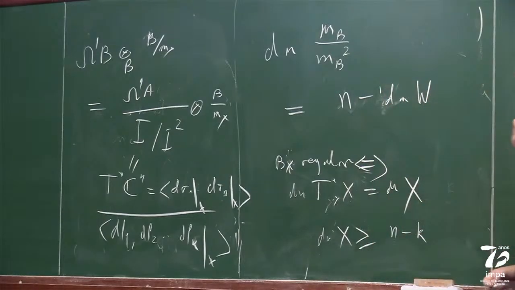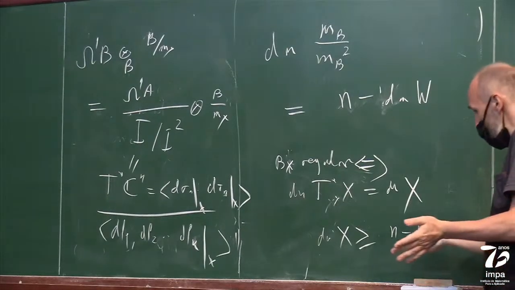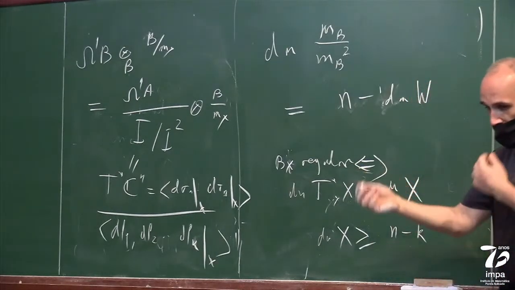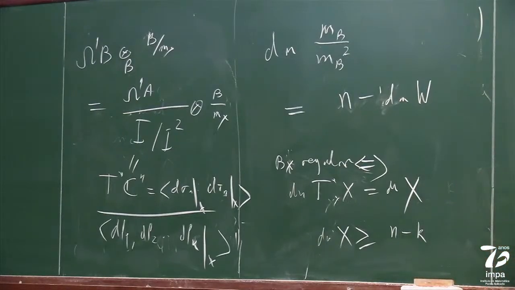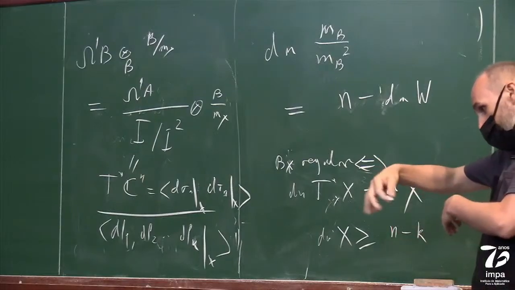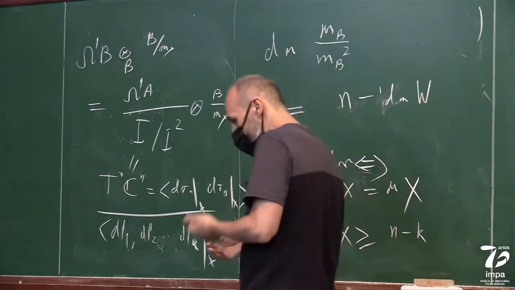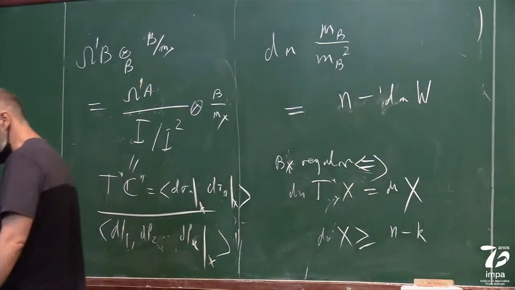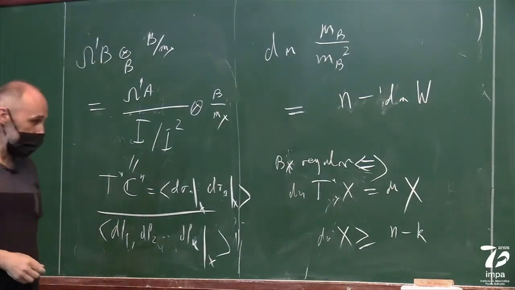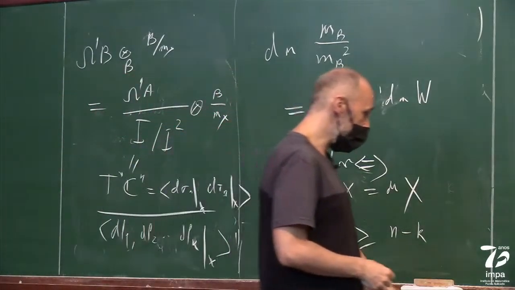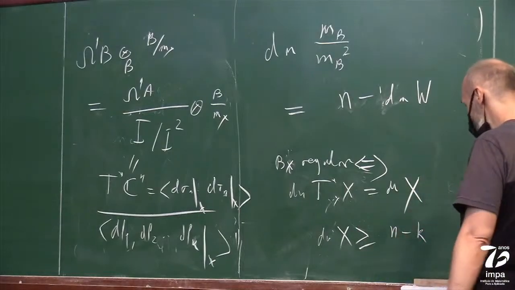Because there are k relations, every time you add a relation, the dimension can decrease, or maybe it doesn't decrease. I mean, every time you add the relation, your degree of transcendence can drop. This means that your additional relation is not algebraic, or it can stay the same if this relation is already algebraic.